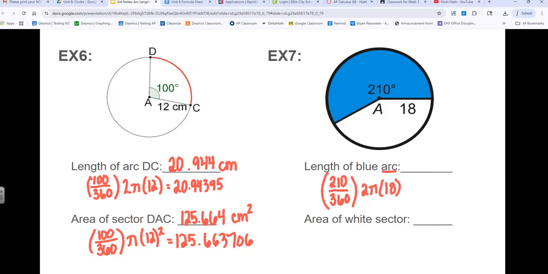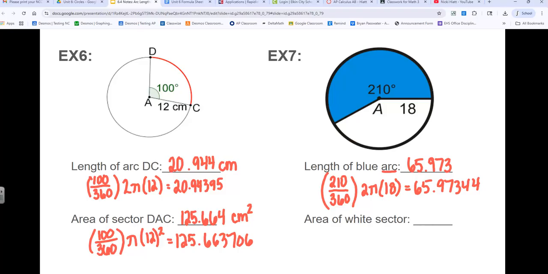So I will just type that into the calculator. And whenever I do that, I'm getting 65.97344 and so on. So 65.973. This particular problem doesn't have units, so you don't really have to include those with your answer.